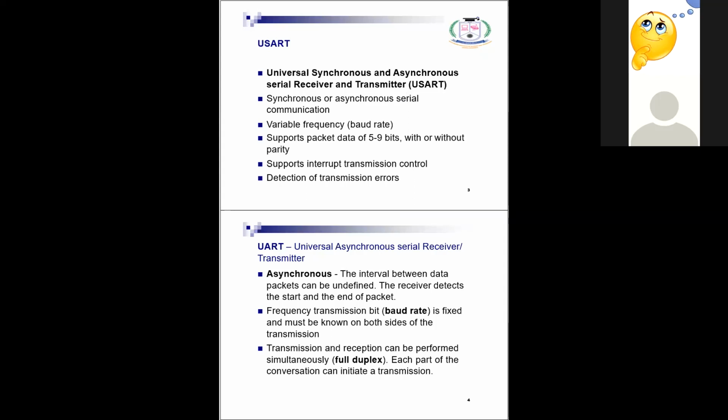First, while developing this communication, this USART and UART became very popular for transmission in serial communication. So while we are explaining serial communication, first they will fix the start bit and stop bit, because while I'm receiving my data I have to identify which is my start bit and which is my stop bit. In between will be my data bits. While transferring my data bits, I have to identify the parity, because how many ones are there, an odd number of ones or an even number of ones.